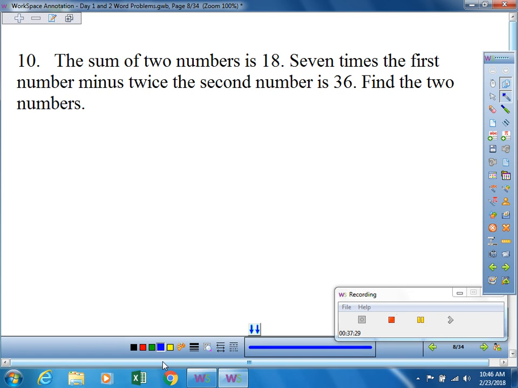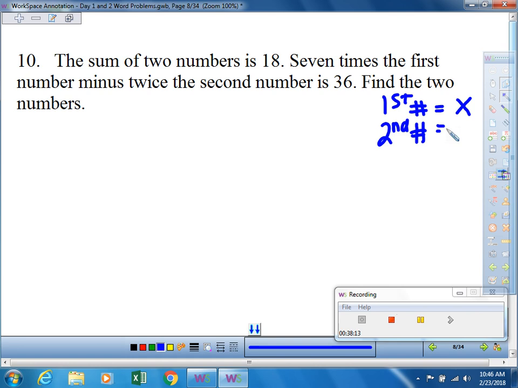2 numbers. So we're going to say the first number. Do I know what the first number is? What can I use? X. First number is X. The second number, do I know what the second number is? So what can I use?